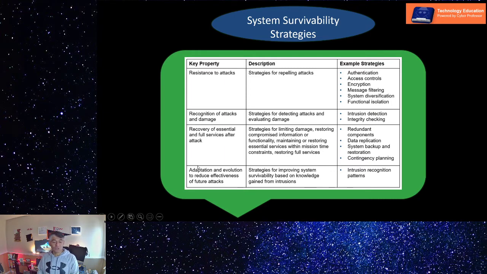Adaptation and evolution to reduce effectiveness of future attacks is the last property that we are discussing. And that involves the strategies for improving system survivability based on knowledge gained from intrusions. Intrusion recognition patterns is an example of that strategy becoming part of our regular activities in our company.